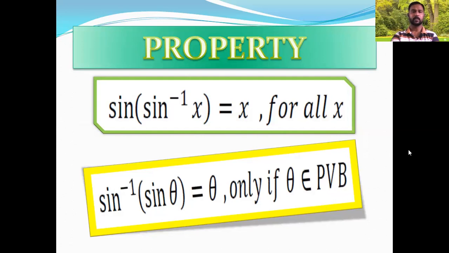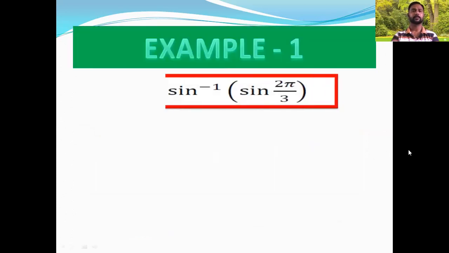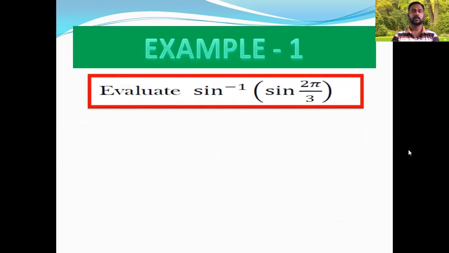Let us go for some application. Let us consider evaluating sin inverse of sin of 2 pi by 3. Here you can see that the inverse trigonometric function is the outer function. Then we are not able to cancel the function and inverse directly, but before that you have to inspect whether the given angle is an element of the principal value branch.